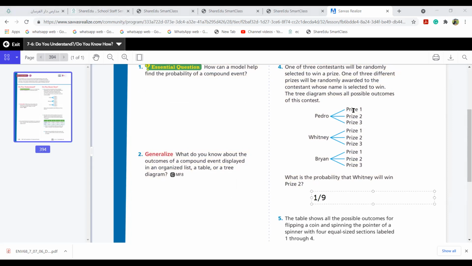First thing you need to write down how many outcomes will come out. Then you need to see what is asked in the question. Whitney will win prize 2. There is only one time that they win prize 2. You'll write 1 out of 9.